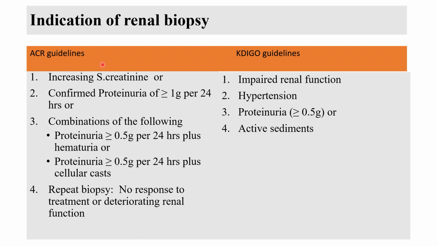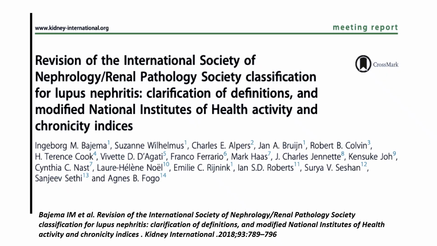So these were the ACR guidelines. Now KDIGO guidelines: if there is impaired renal function, hypertension, proteinuria, and active sediments.